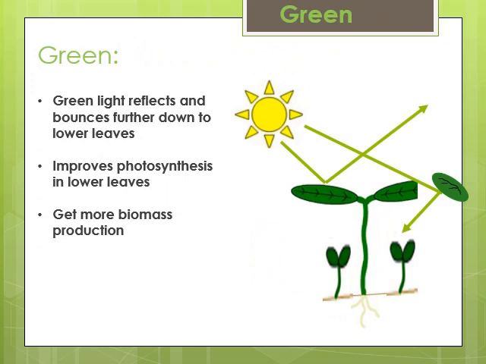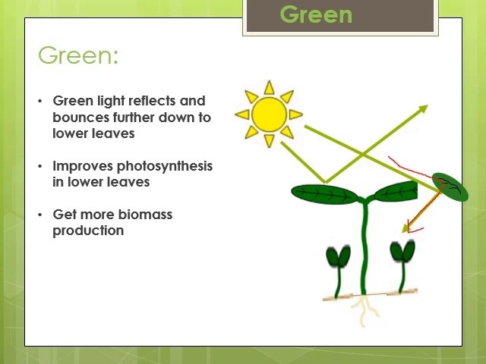And again, green light. Obviously, green plants are green because they reflect green light. And that works in our favor here, because any light that happens to bounce down into the understory is in fact useful to the plant. So green is not entirely wasted. The fact that it bounces down and gets lower into the canopy means that lower leaves can still make sugars, which is tremendously useful if the plant's trying to make absolute use of everything that it gets.